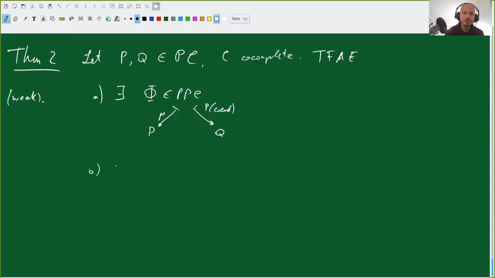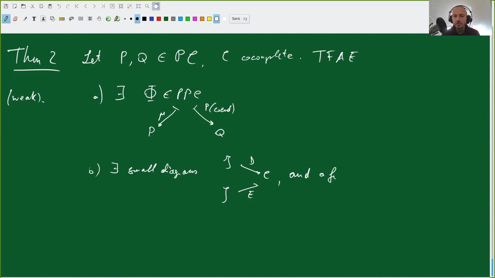This happens if and only if there exist small diagrams D and E, and the functor, this time we don't require this to be an opfibration, such that E is the left Kan extension of D.